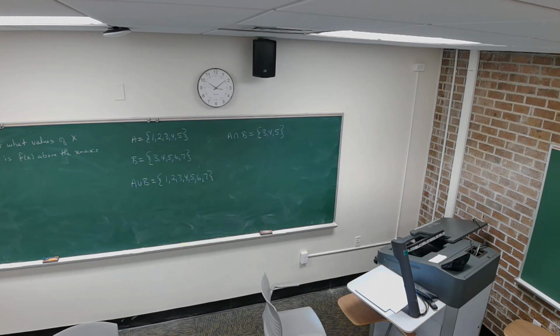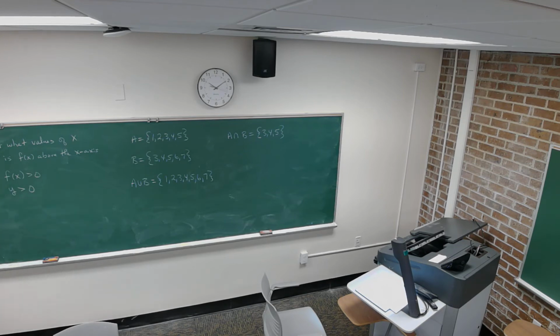When we're asked to find the values of x where f of x is greater than 0, since function values and y values are the same, y values are the y coordinates of the points on the graph. So you're asking for what values of x are the y coordinates positive.